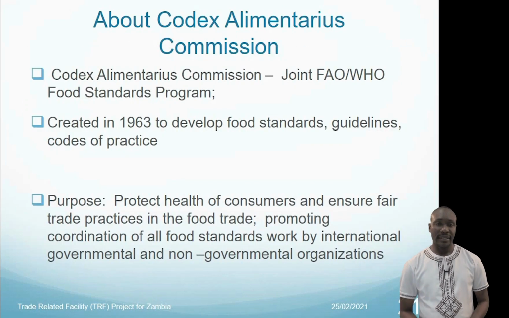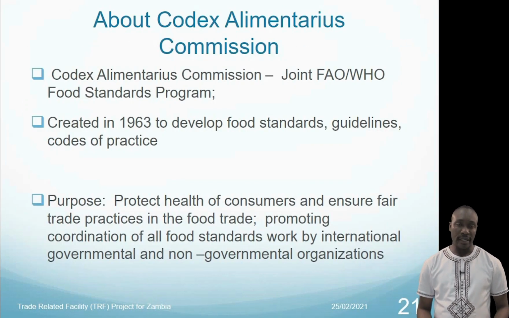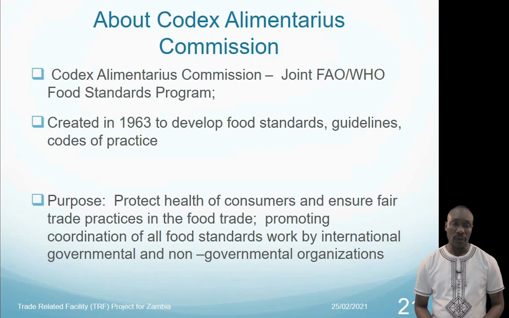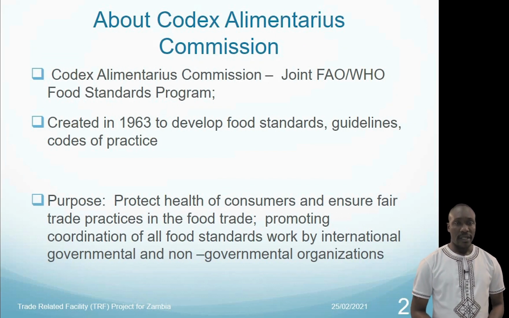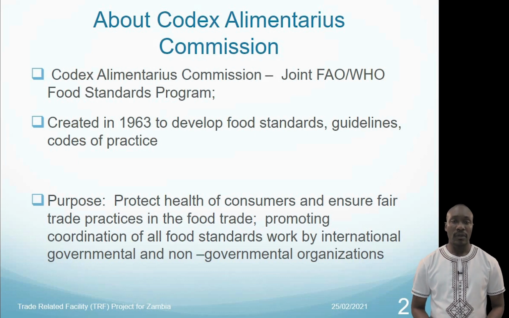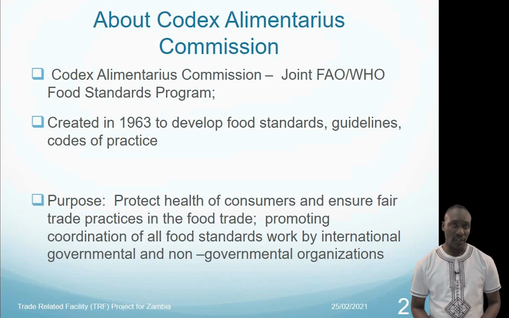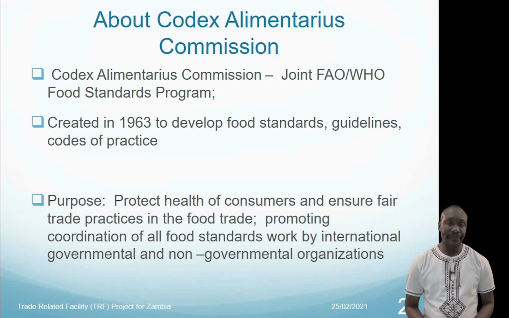The Codex Alimentarius Commission is a joint FAO and WHO Food Standards Program. This one was created in 1963 to help develop standards, guidelines, and codes of practice with particular bias towards food safety.